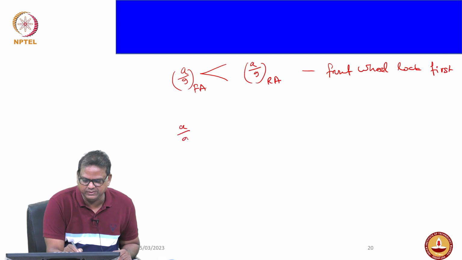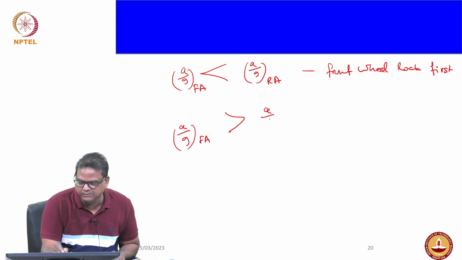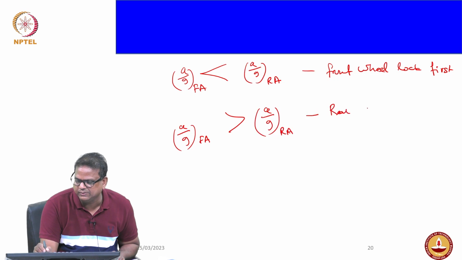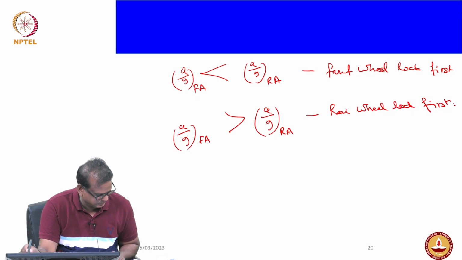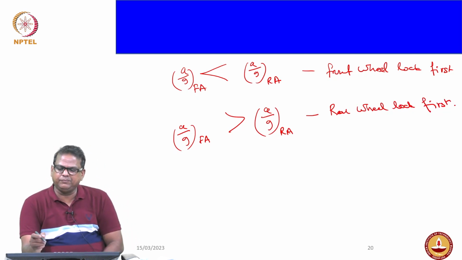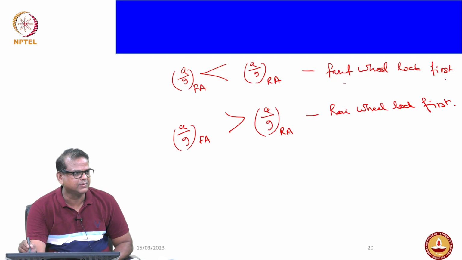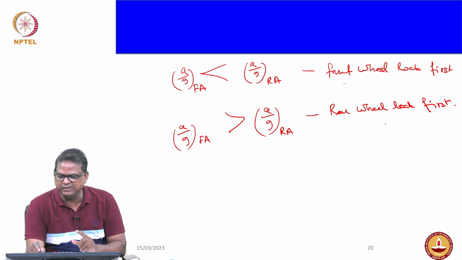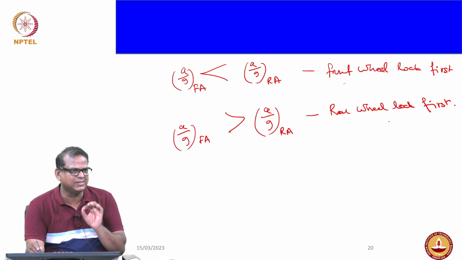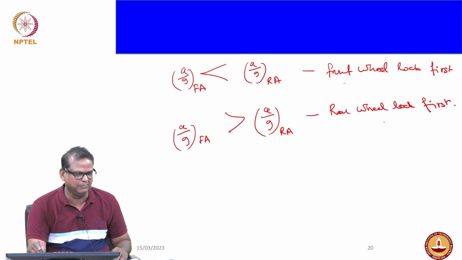If the deceleration rate of the front axle is greater than the deceleration rate of the rear axle, then the rear wheel locks first. When the front wheel locks first, what happened? Loss of direction. When the rear wheel locks first, directional instability. So these are the things that are going to happen.